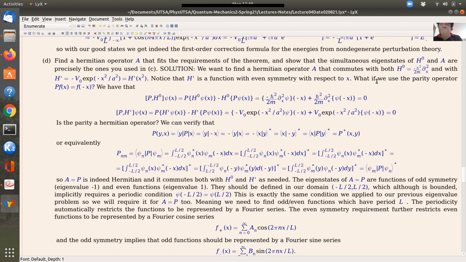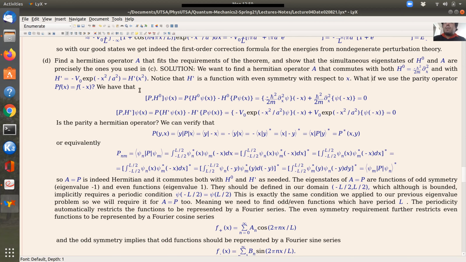The parity operator, as you may remember, acts on functions in this way: if P acts on f of x, it becomes f evaluated at minus x. That's the definition of the parity operator, and most probably you saw it last semester.